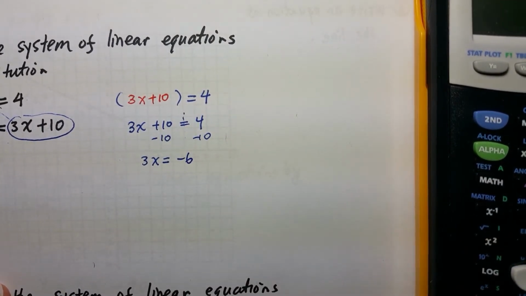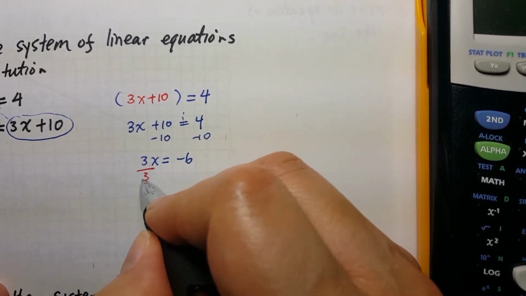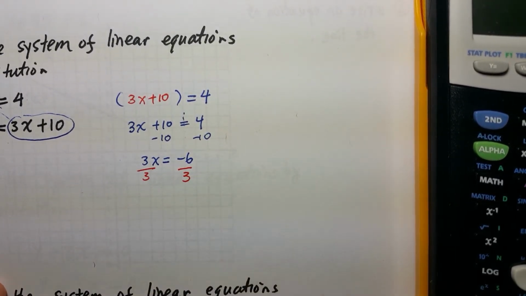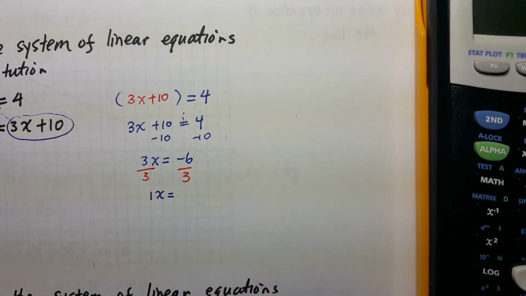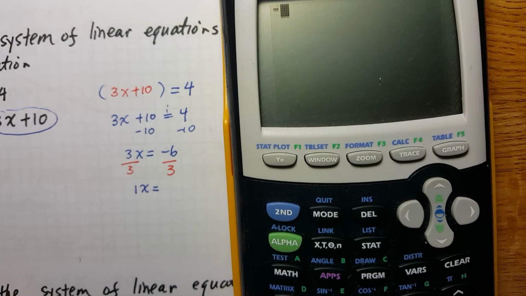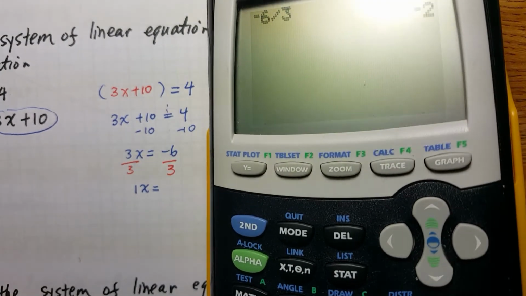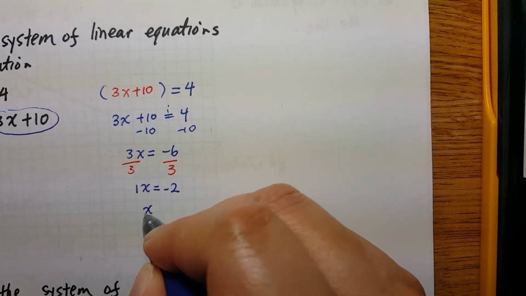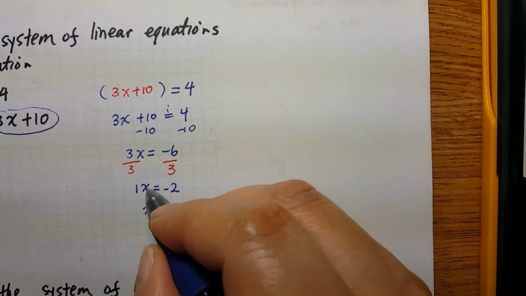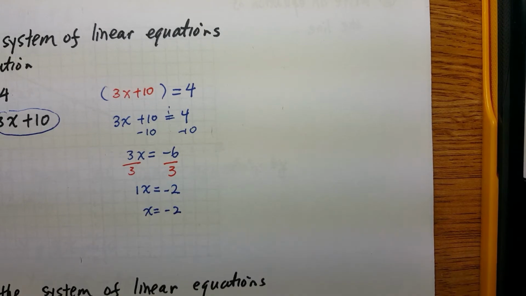Now we got 3x equals negative 6, so you have to divide by 3 on both sides. 3 divided by 3 is 1, so we got 1x equals, and negative 6 divided by 3 is negative 2. So x equals negative 2.